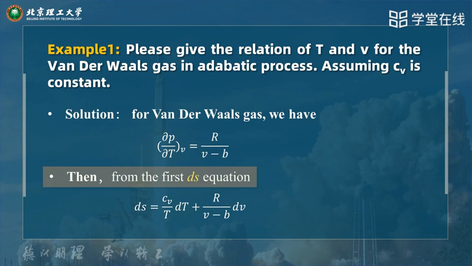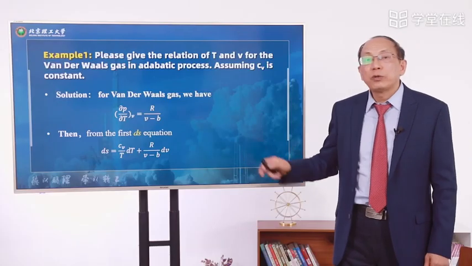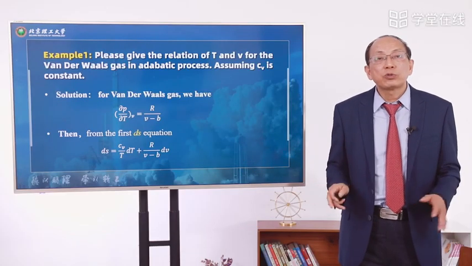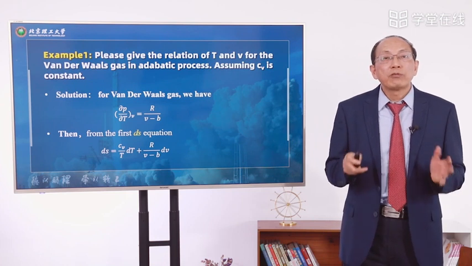Then from the first dS equation, dS equals Cv over T dT plus partial P over partial T, V constant, dV. Because partial P over partial T, V constant, equals R over (V minus b), dS becomes Cv over T dT plus R over (V minus b) dV. This full differential comes from the van der Waals gas.